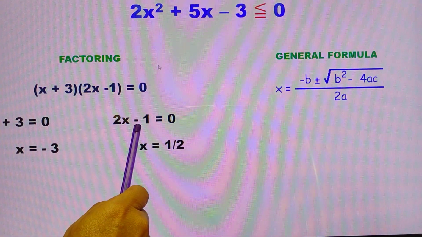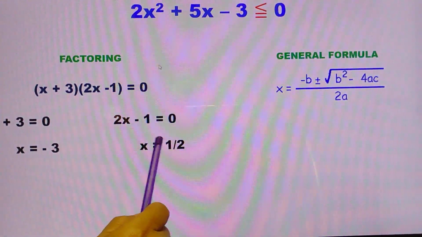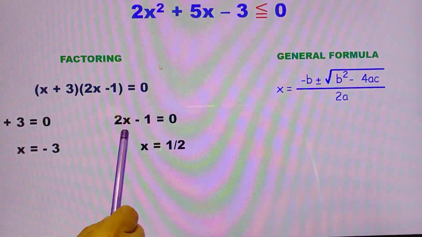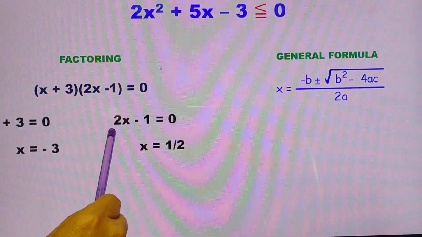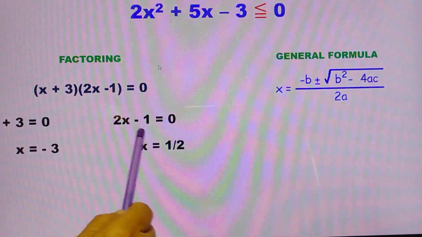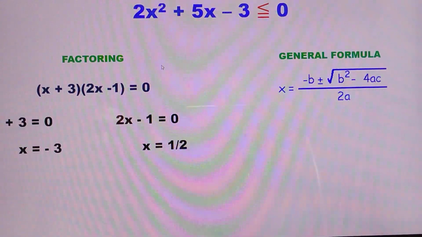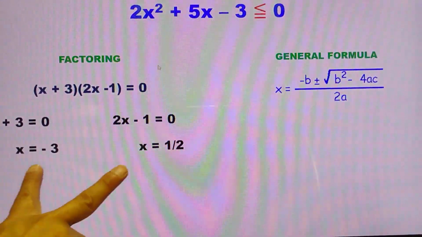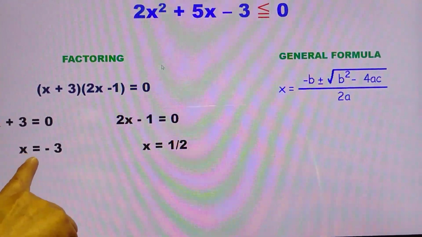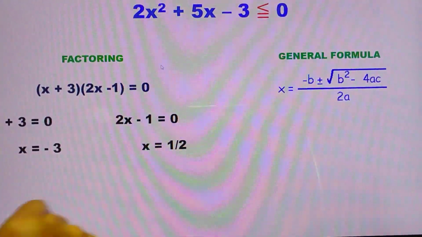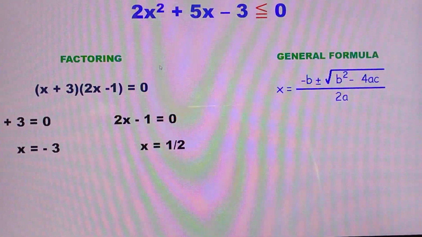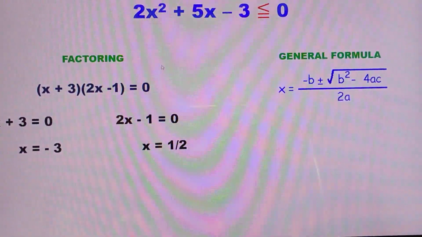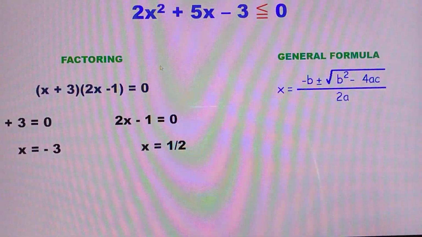In this case is minus 1, the opposite is 1, and the 2 is multiplying x, so it's going to pass as dividing. x1 equal to minus 3 and x2 equal to a half are the solutions of the quadratic equation. However, we have not an equation, we have an inequality. So the process is a little longer.